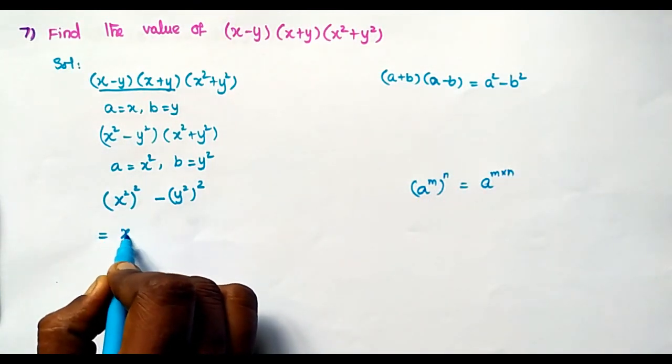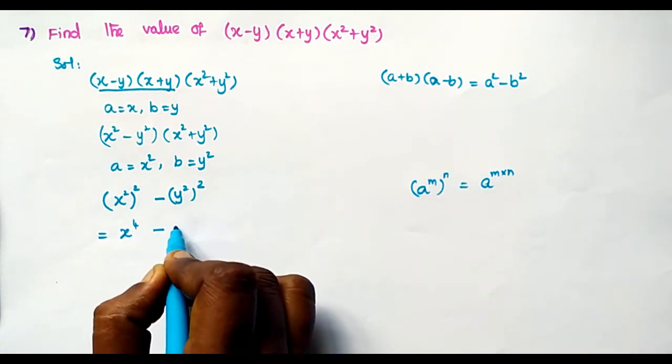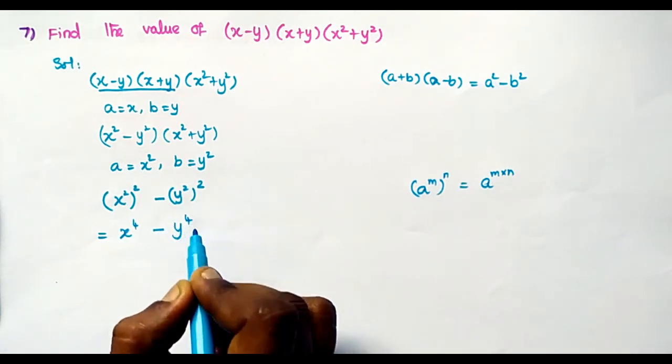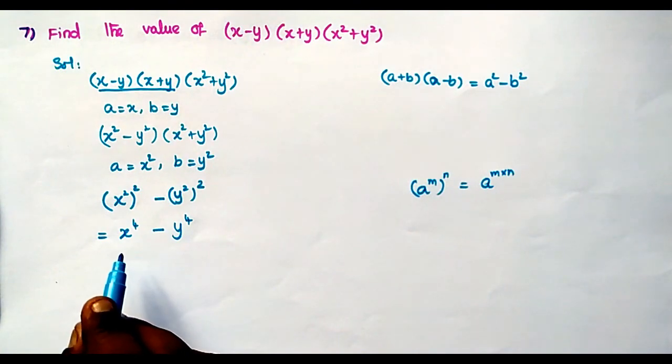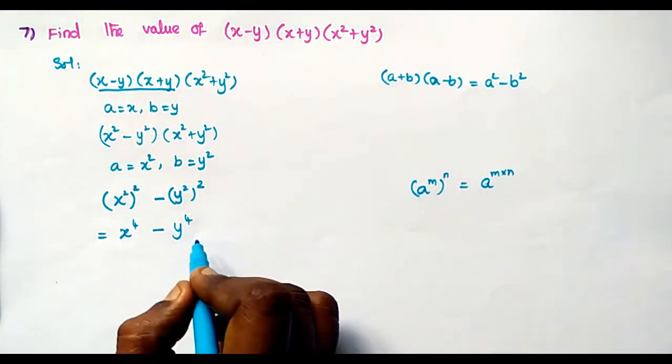So x power 2 into 2, 4, minus y power 2 into 2, 4. So x power 4 minus y power 4 is the answer.